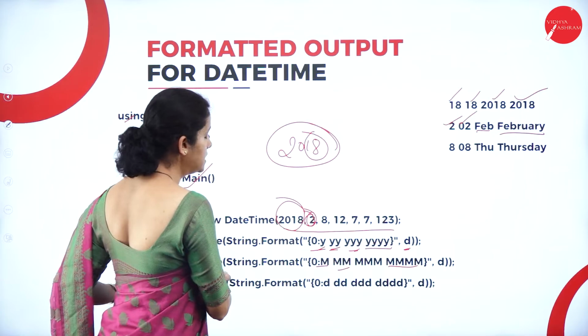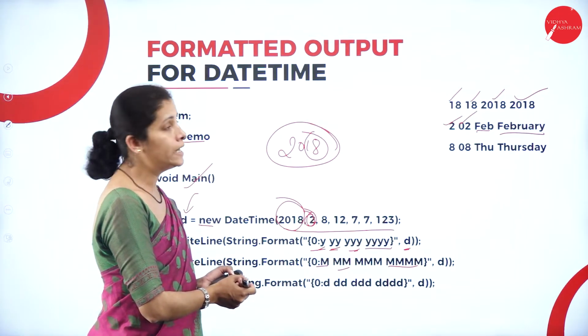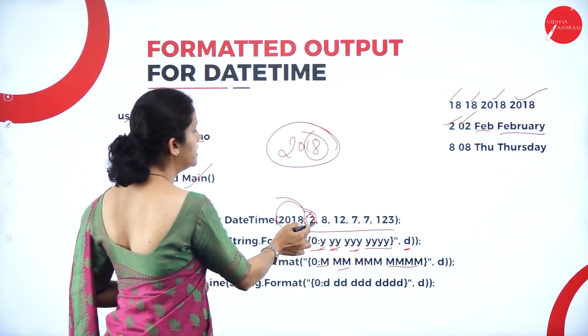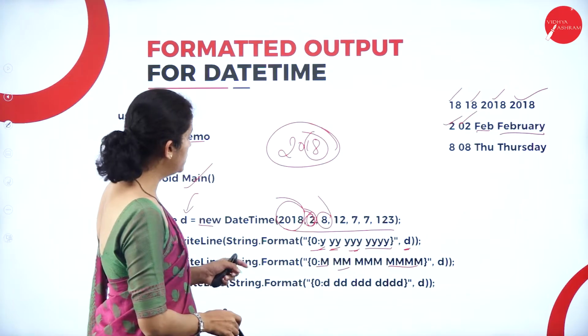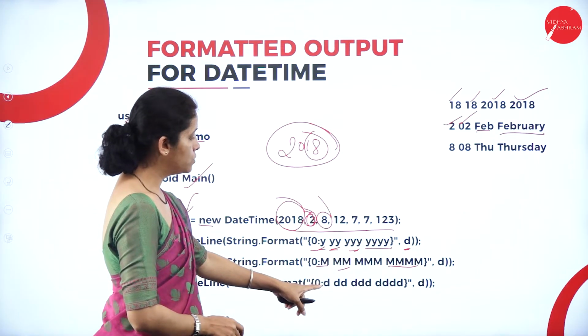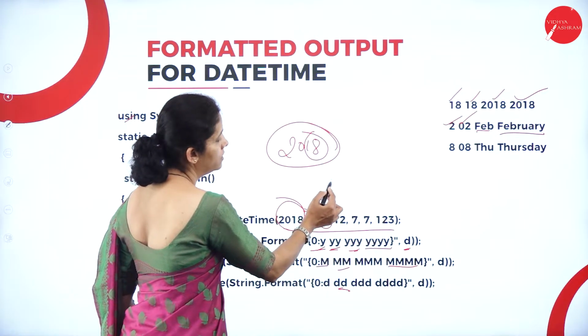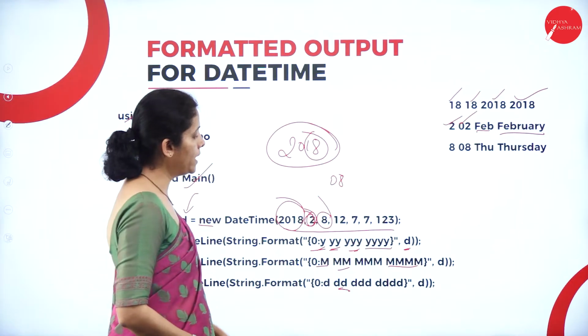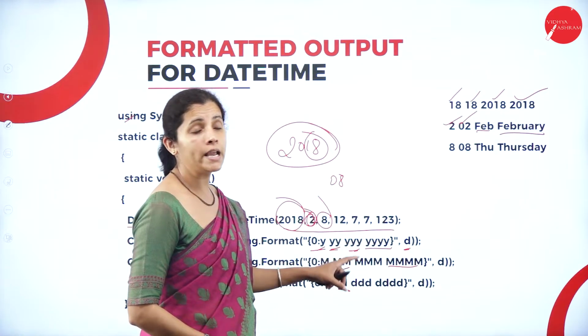Now, if I consider the last statement, here I want to display the day. If I consider a single d, it is 8. Okay, I want to display the day, so I'll display 8. When I have double D, then I'll display 08. When I have DDD, then I'm going to display the day name.